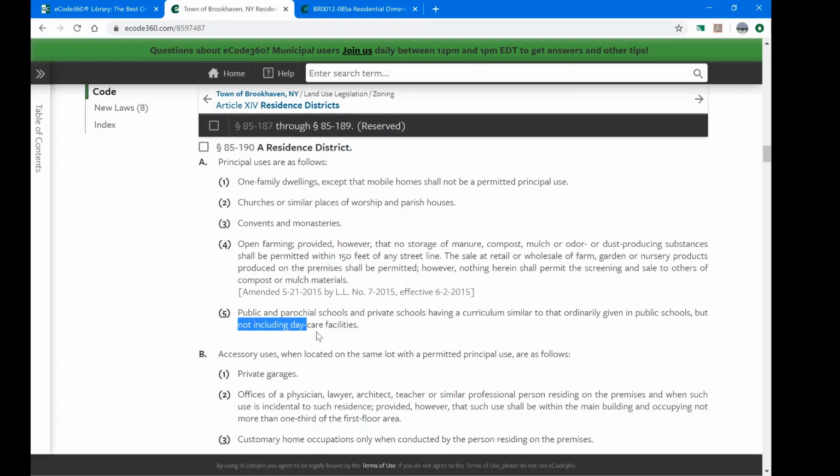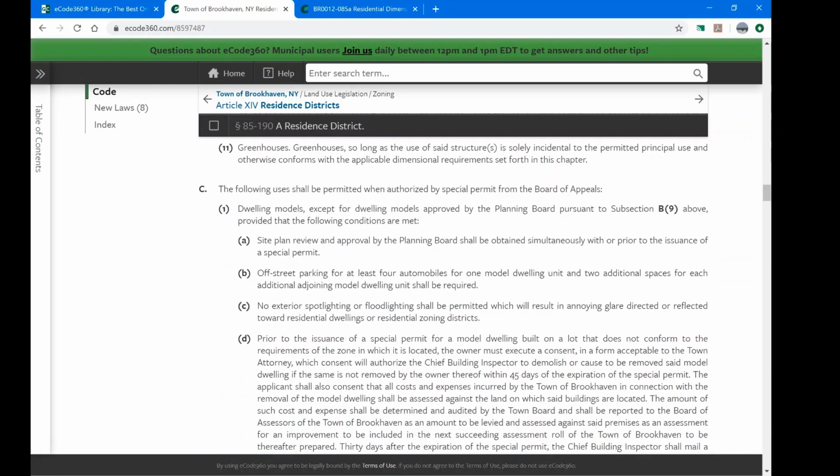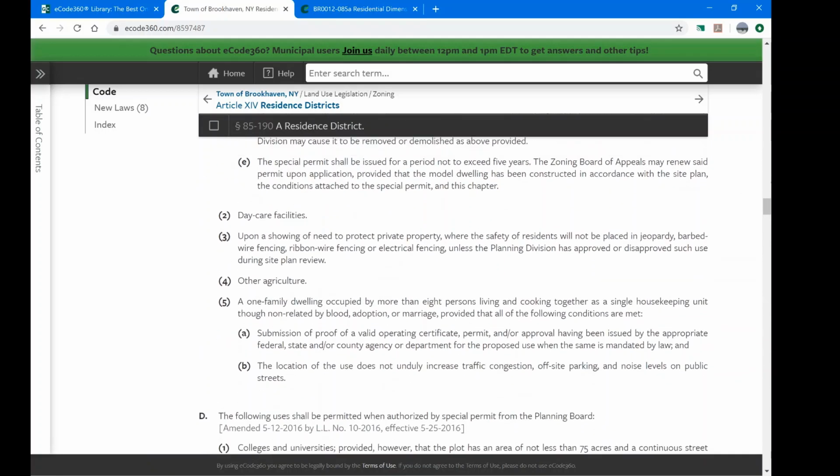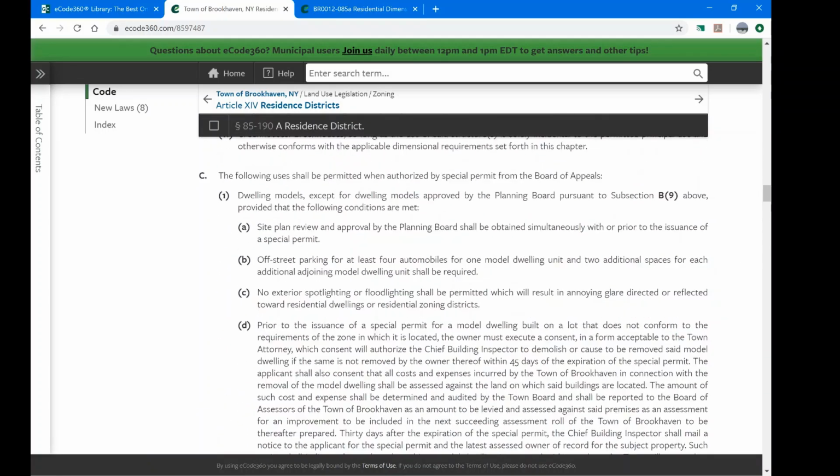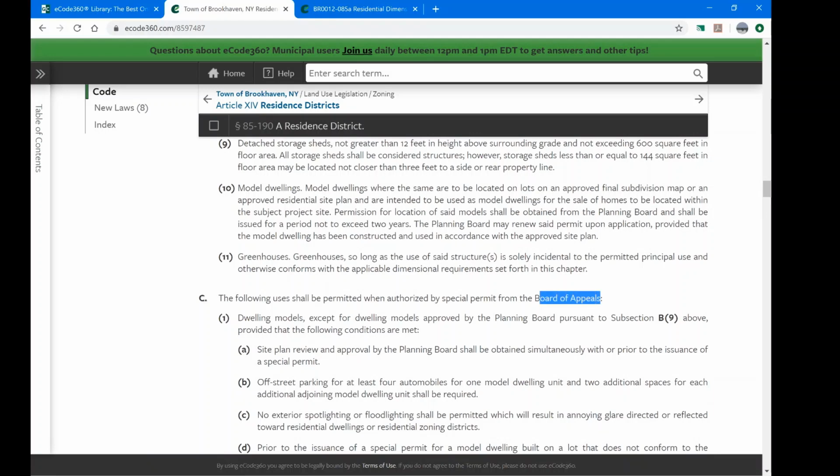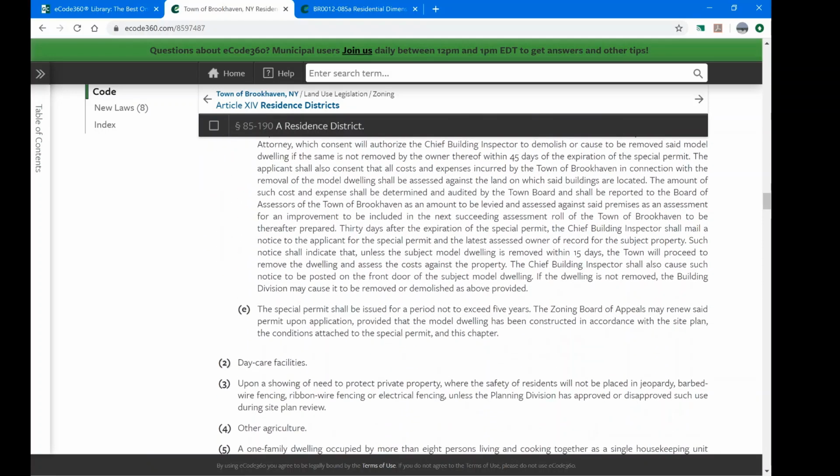This is as of right. So as of right, you cannot put a daycare facility in there. But by special permit of the Board of Appeals, you can have daycare facilities. And the reason they do this is to limit the number of daycare facilities and also regulate the ones that are in place.